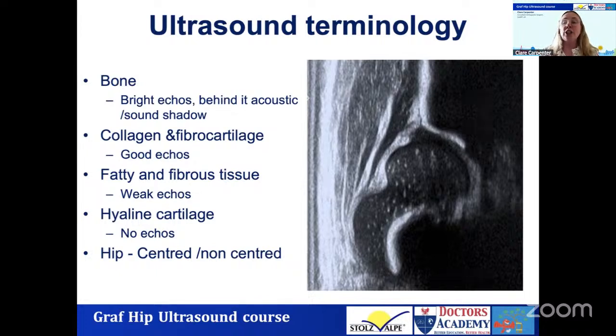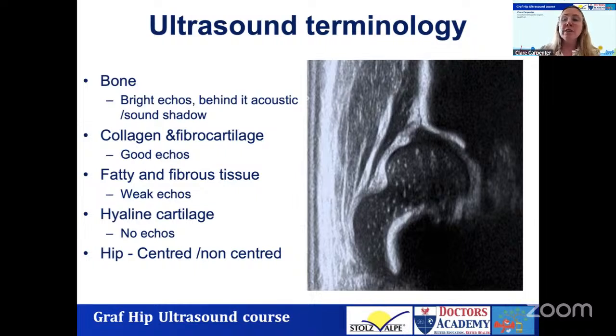But what we know is when you pass an ultrasound beam through tissue, if the tissue has a high fluid content, a high water content, then those ultrasound beams will pass fairly easily through the tissue. If the tissue has very low water content, such as in the cortex of bone, that ultrasound beam is reflected back in the form of an echo that is picked up by the machine, and then it generates an image, as we have here on the right-hand side, of a standard image of the neonatal hip.